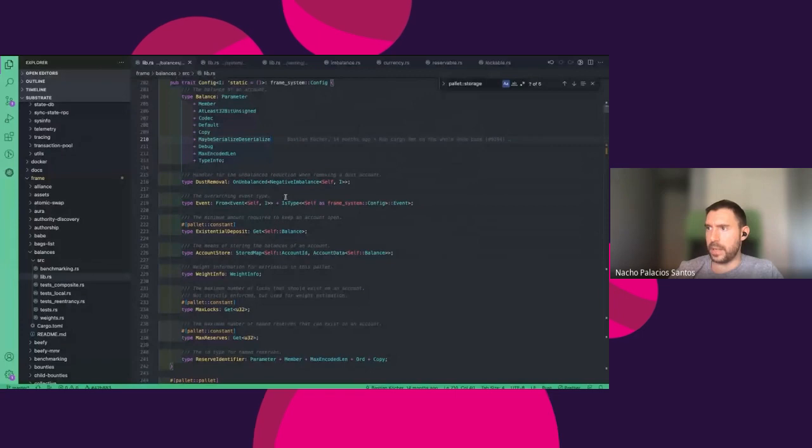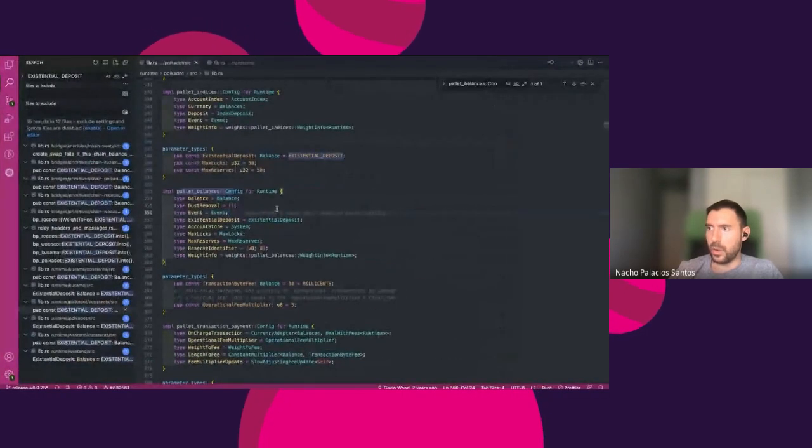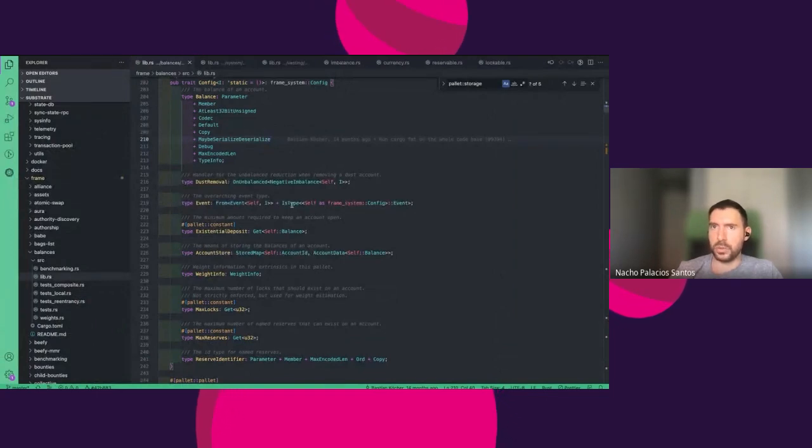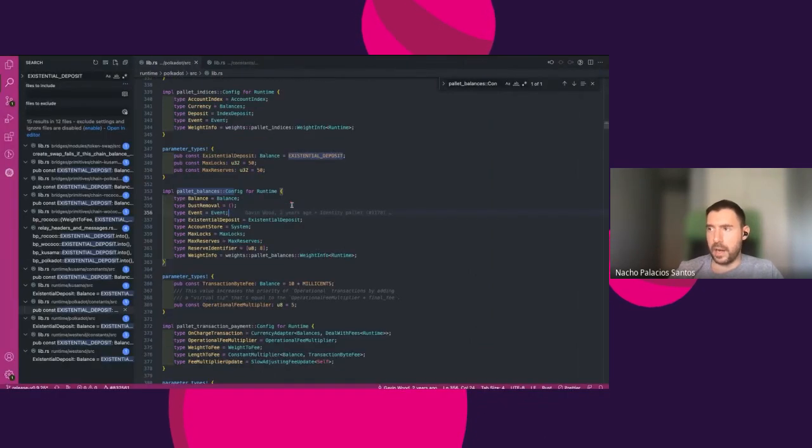Then we have the type dust removal. This is a type that is used in the pallet balances to perform some action when we reap an account.